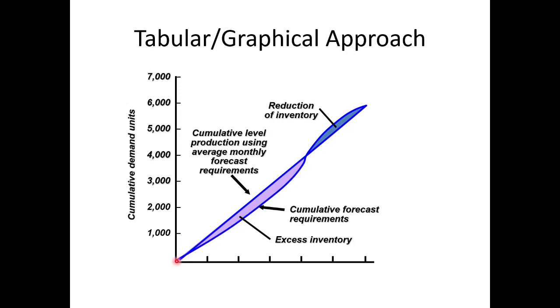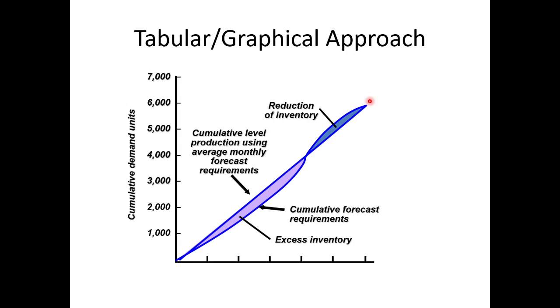So in a chase strategy, you might find your cumulative production curve actually coincides with the cumulative forecasted demand. And of course, these are the two extreme cases, because in addition to the production capacity in regular time, we might have overtime production and we might have subcontracted quantities.